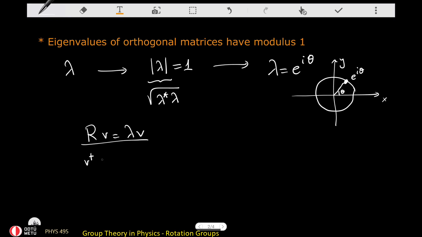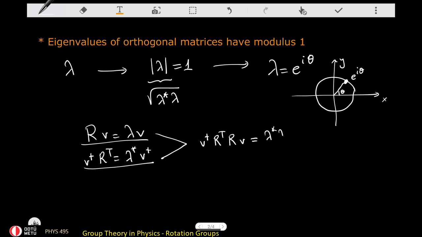I can write it as V dagger R transpose equal to the complex conjugate of lambda times V dagger. Then I take the product of these two equations. So we have V dagger R transpose R V equal to lambda star lambda times V dagger V.